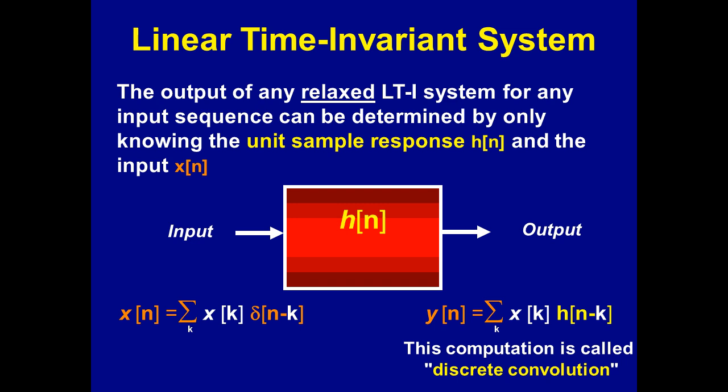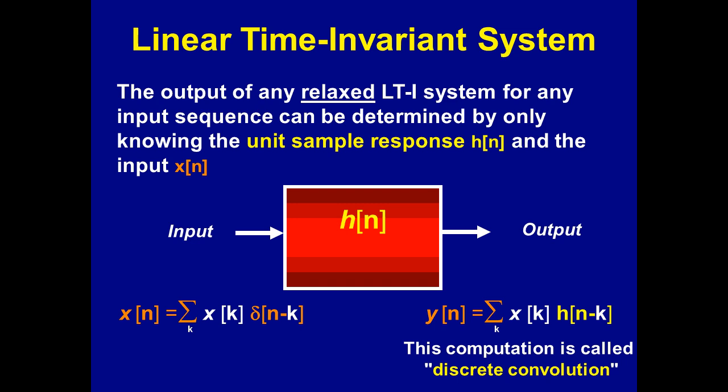h of n is what I get if my input is a unit sample sequence. That was that thing, versus n, it's zeros everywhere, up to n equals 0, and then it jumps up to 1, and then it jumps back to 0.